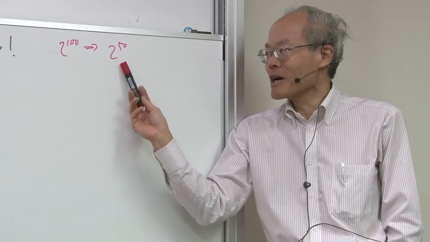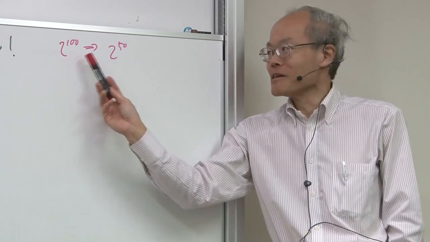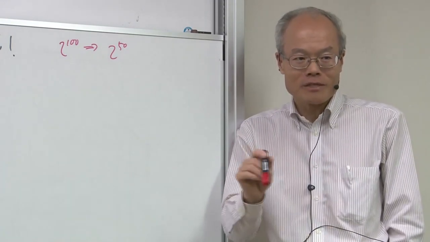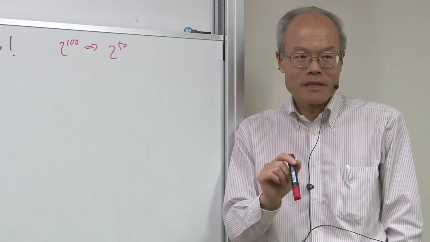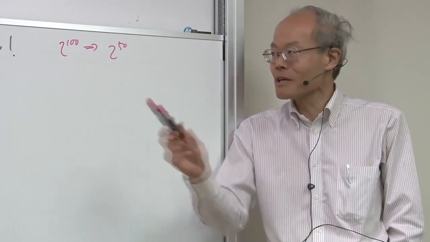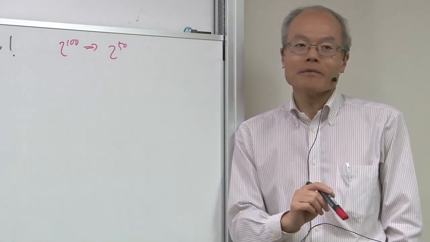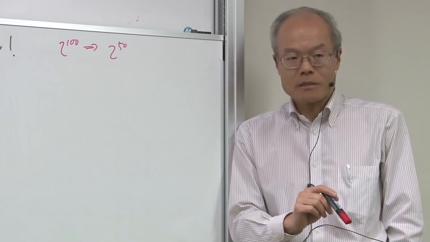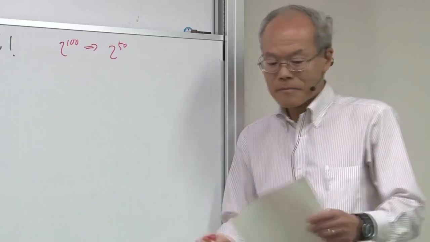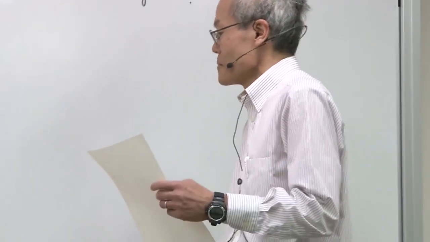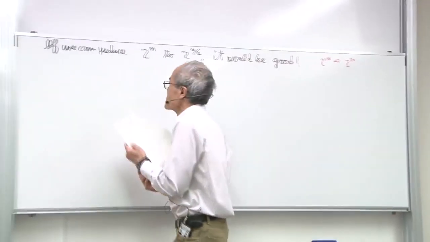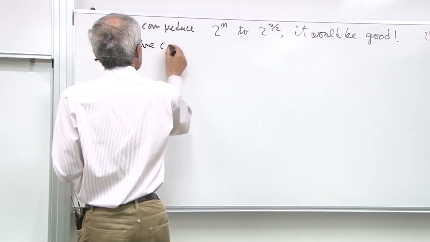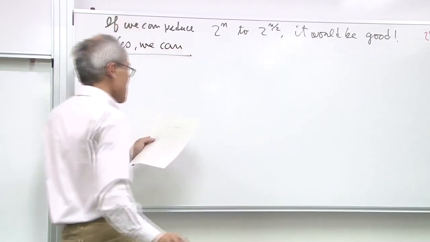This number is not a half of that. It is smaller by a factor of 2 to the 50. Much smaller. So reducing the complexity from this to this is a big deal. Can we do that? Yes, we can.